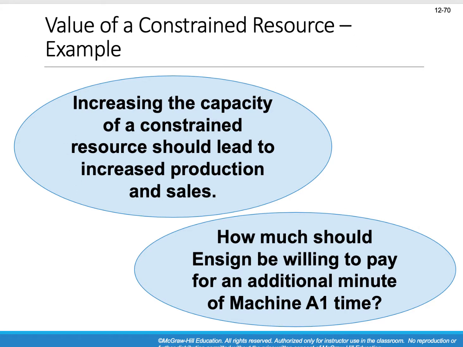So when we have a constrained resource, as a manager, we may want to make the decision to actually increase the capacity of the bottleneck. Okay, so if you remember, we gave the example of the emergency room, and we used the triage nurse, saying we only had one triage nurse, so that's where the bottleneck came in.